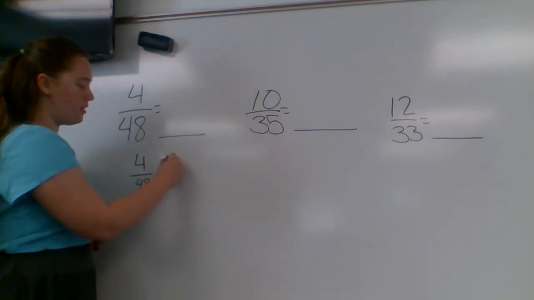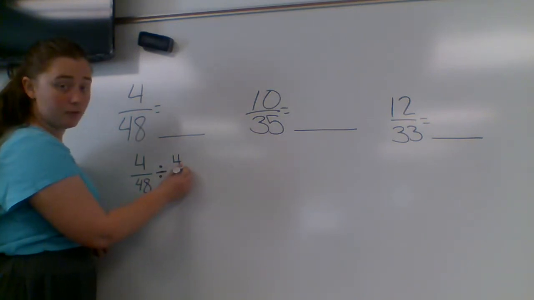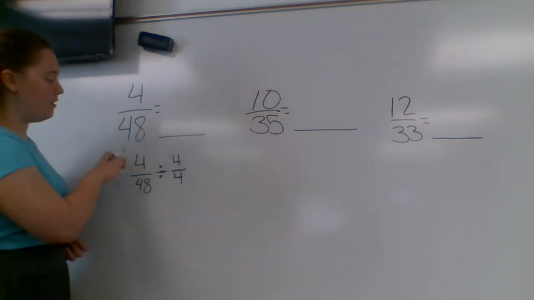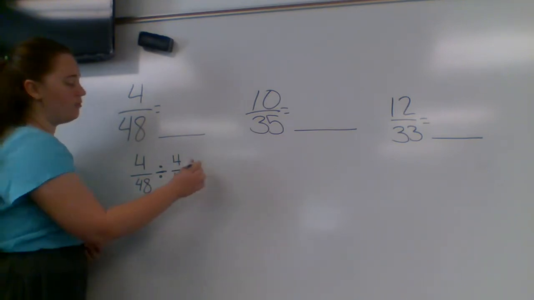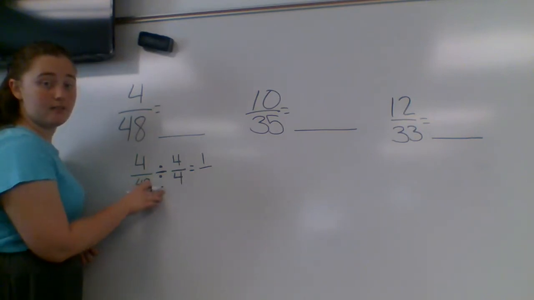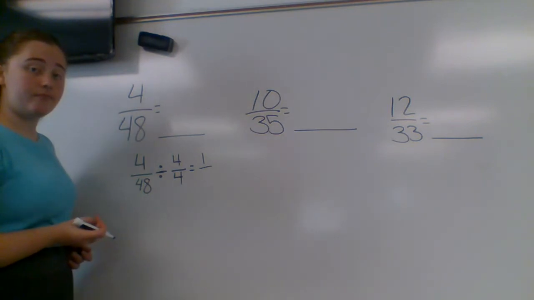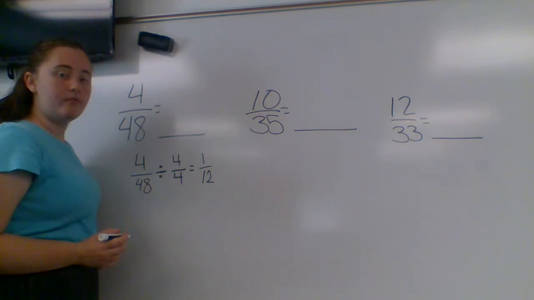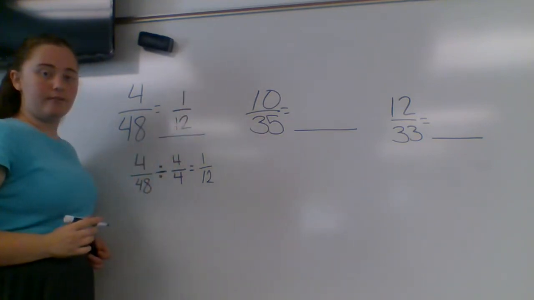So we're going to say 4 over 48 divided by 4 over 4. 4 divided by 4 equals 1. And 48 divided by 4 equals, count by 4s, right, it is just 12. So my answer is 1 over 12.